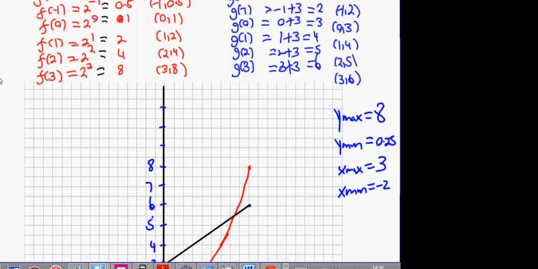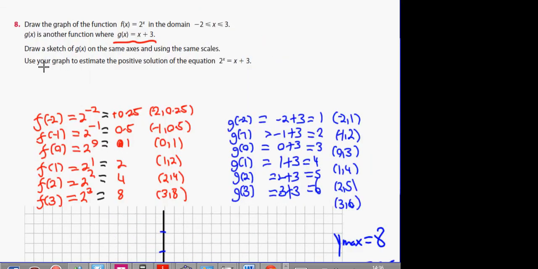Now, what does this question mean? Use your graph to estimate the positive solution. The positive solution means x is a positive number. Is everybody happy with that? What is the positive solution for when? What is this one here, guys? This one here is the curve. And what's the other one? What's the x plus 3?